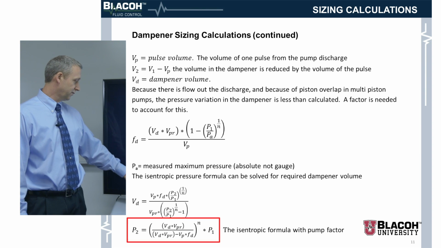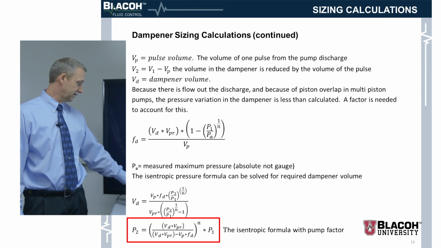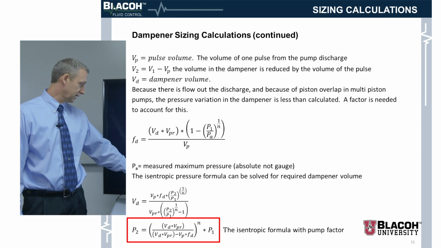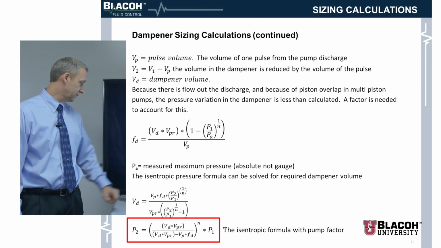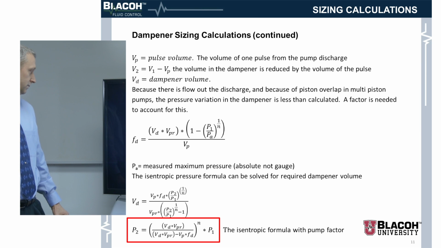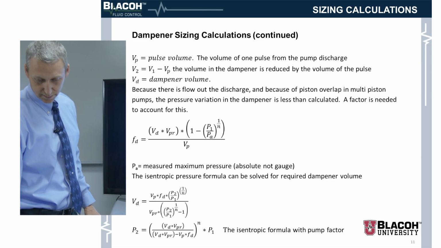We can rearrange the formula again, and given a dampener volume, this will give us what pressure 2 will be. So there we go.